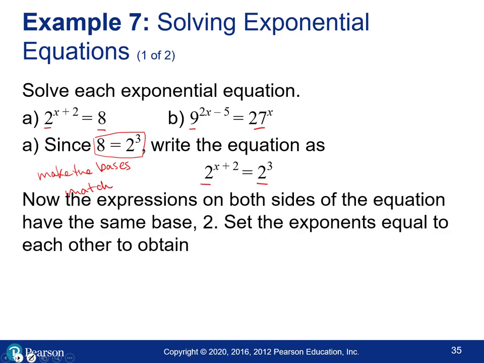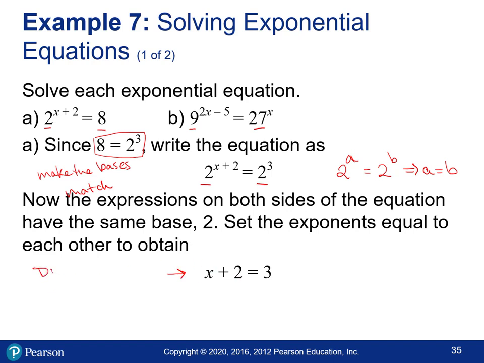The property says that if the bases are equal, the same numbers, then so are the exponents. So essentially what we had here is 2 to the A equals 2 to the B, and so that must mean that A equals B.